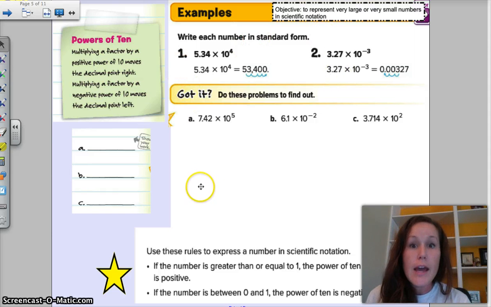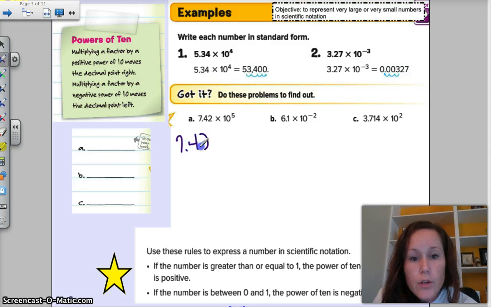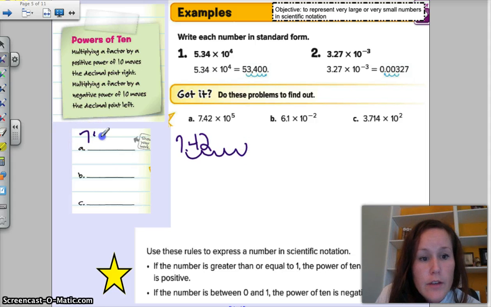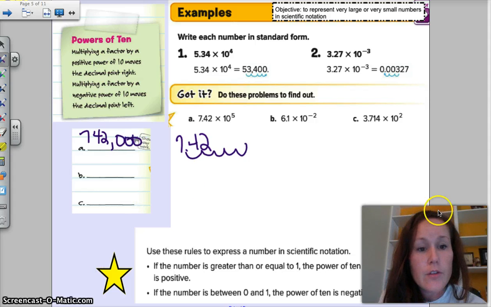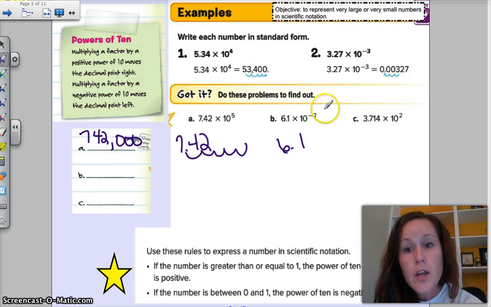Go ahead and pause now. All right, number A, you should have 7.42, 5 places to the right, boom, boom, boom, boom, boom, 742,000. Number B, 6.1 times 10 to the -2 tells me to go 2 to the left, boom, boom.